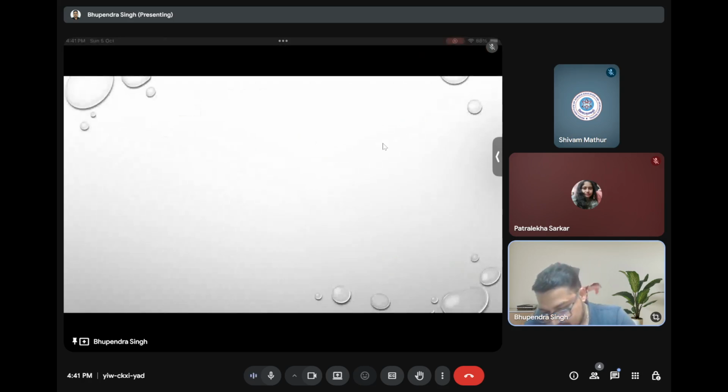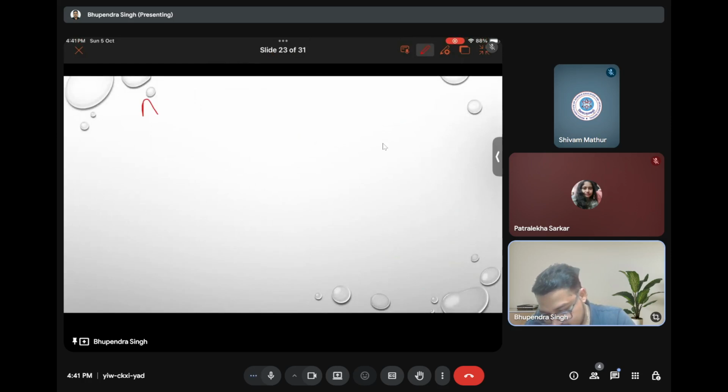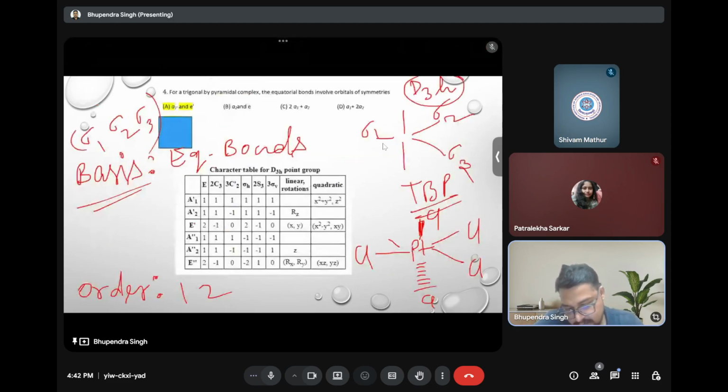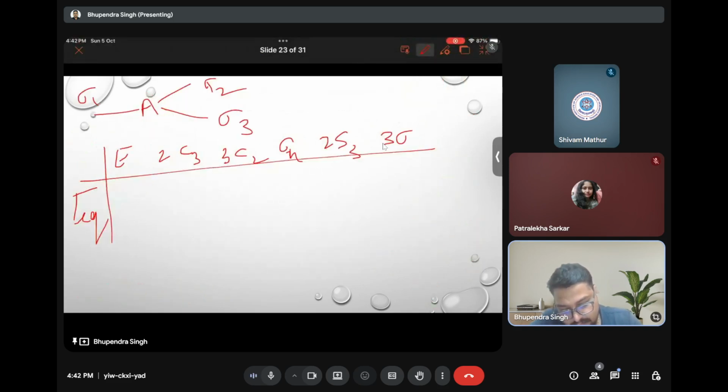So now let's draw like this: sigma 1, sigma 2, sigma 3. Now try to draw the character of these equatorial bonds: E, 2C3, 3C2, sigma h, 2S3, 3 sigma v.